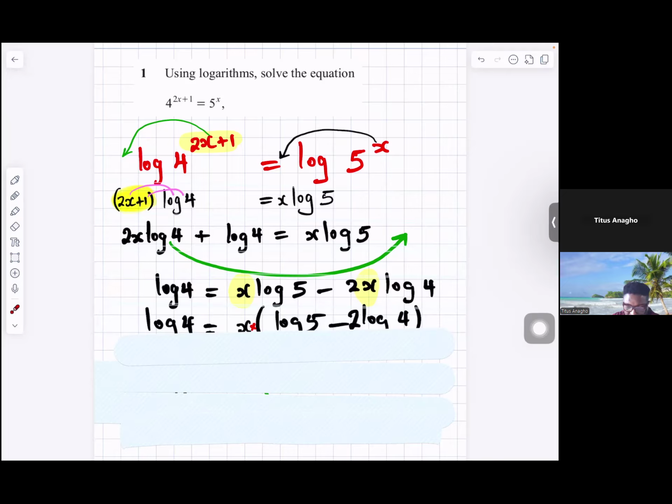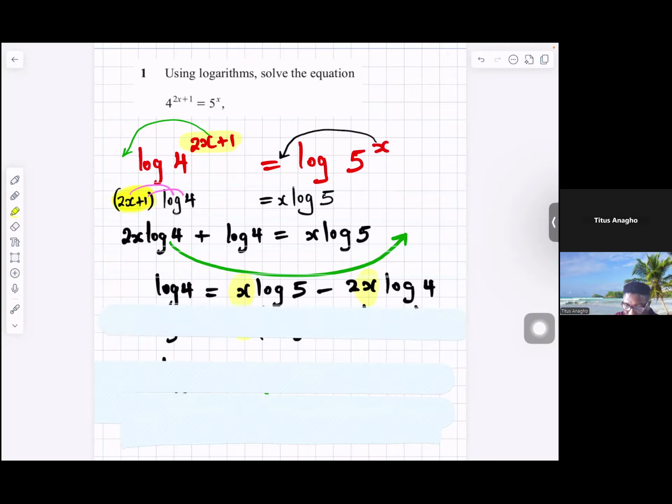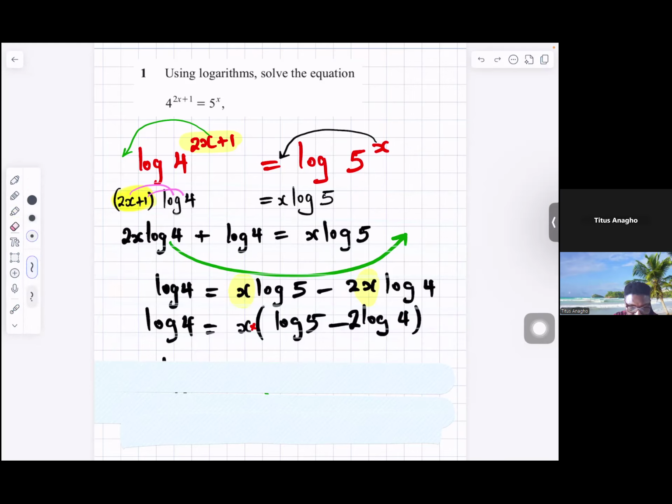Now there's x on both terms on the right, so you factorize. The x comes outside the bracket, and then you have log 5 minus 2 log 4. So to get x, you divide.